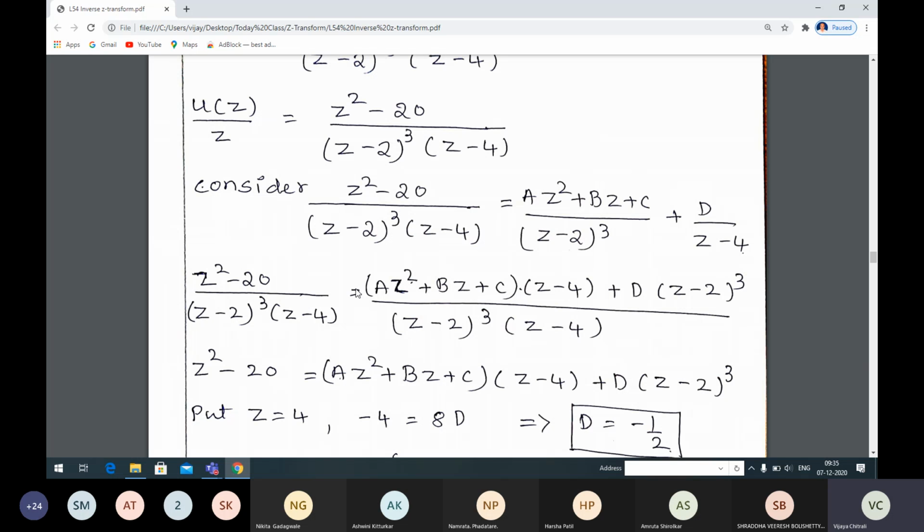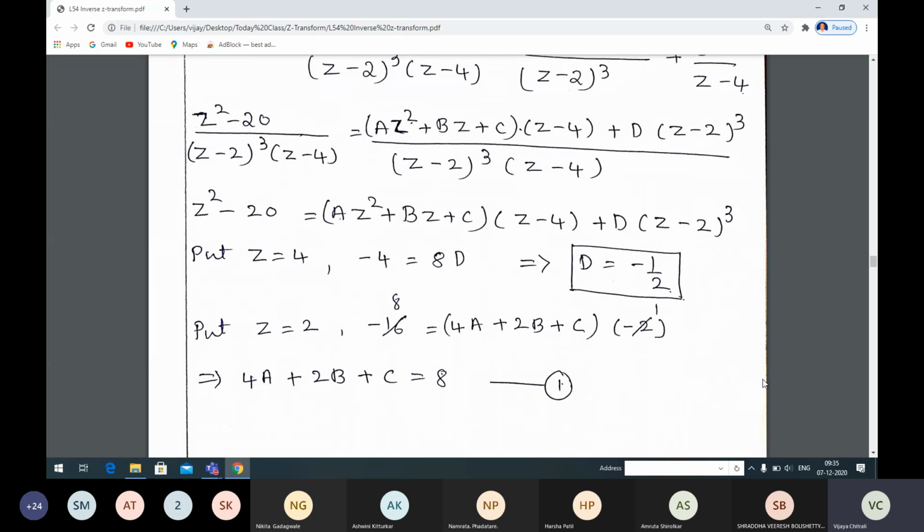Now the denominators on both sides cancel, leaving z square minus 20 equals (az square plus bz plus c)(z minus 4) plus d(z minus 2) raised to 3. Now by proper substitution of z, we need to find a, b, c, d.